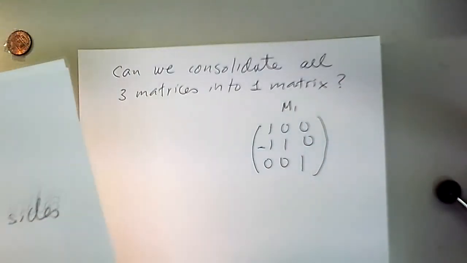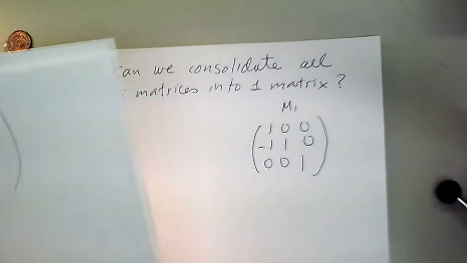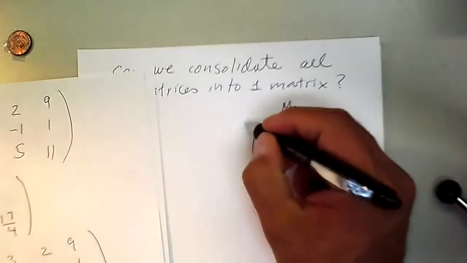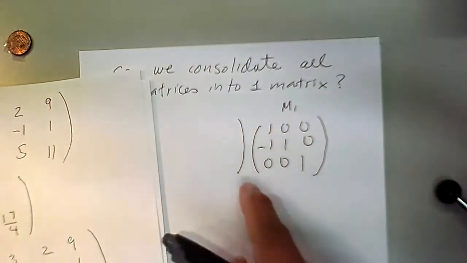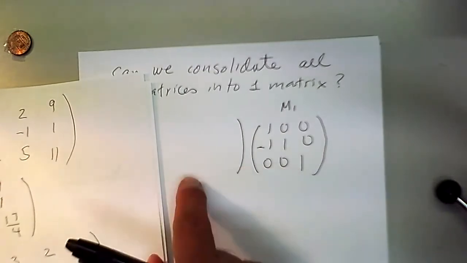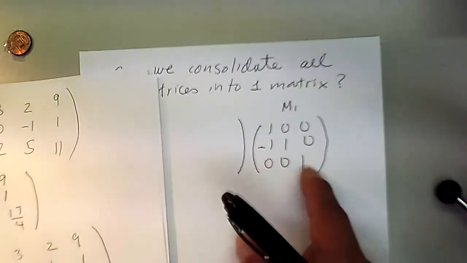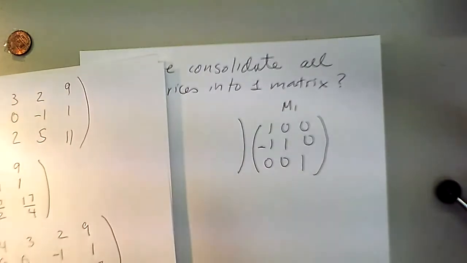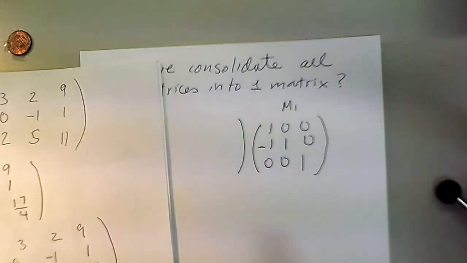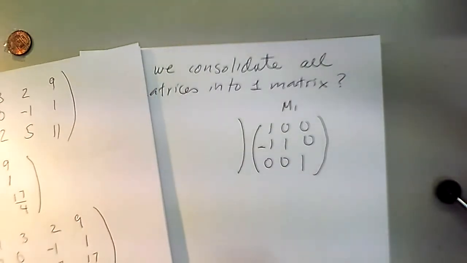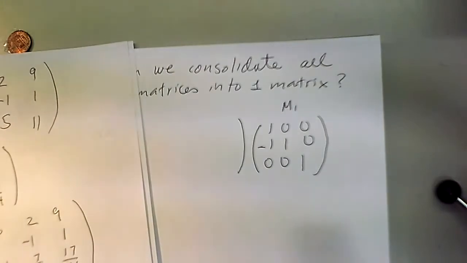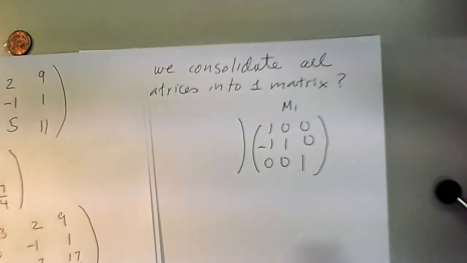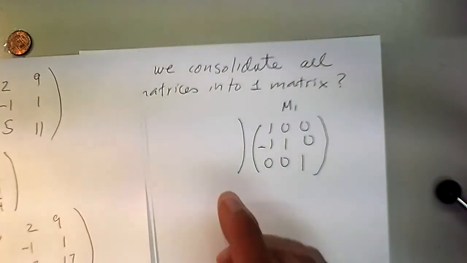All right, then M2 is going to be multiplied on the left, because after multiplying this on the left, then we again multiply it on the left. So it is a left on the left on the left. And that is very important, because matrices are not commutative.